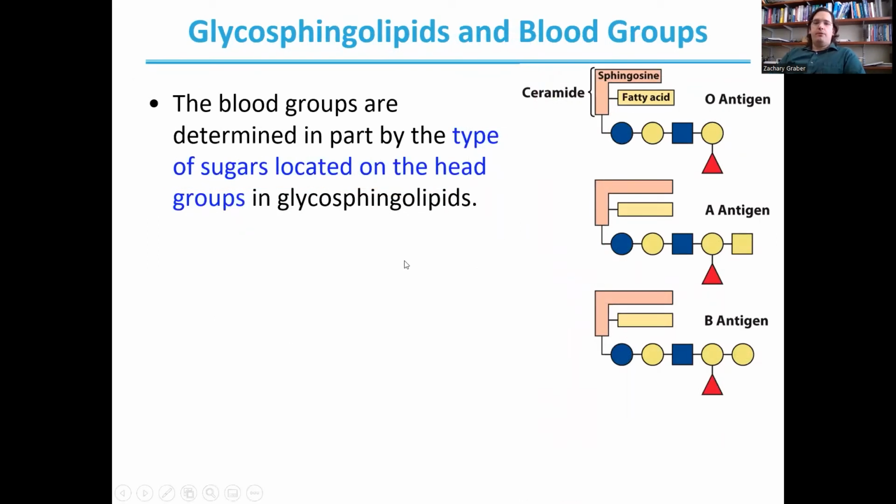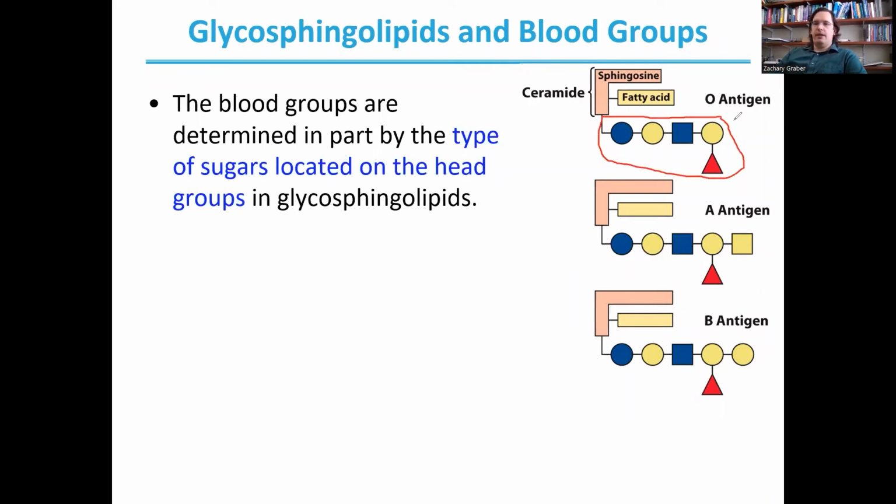One of the very important roles of our glycolipids is for determining blood type. So our blood type is actually determined by the exact identity of sugars attached to these glycosphingolipids in our cell membranes. So you'll notice we have three different glycolipids here.